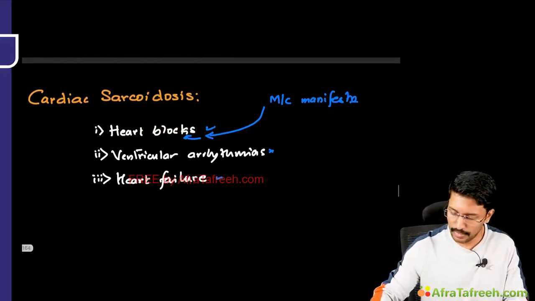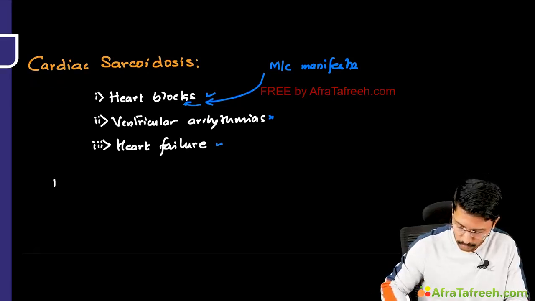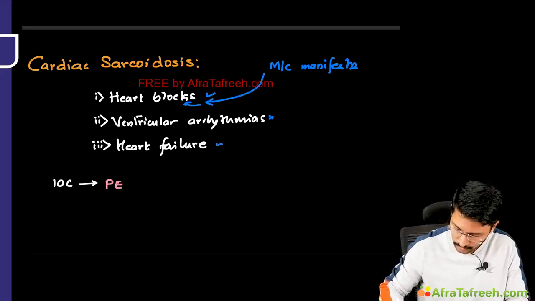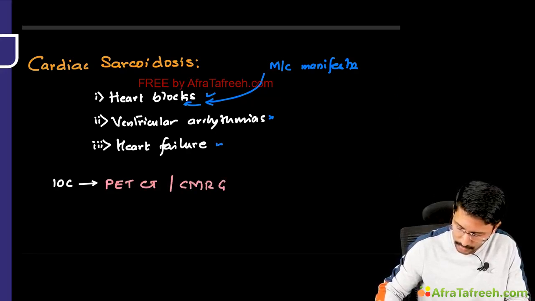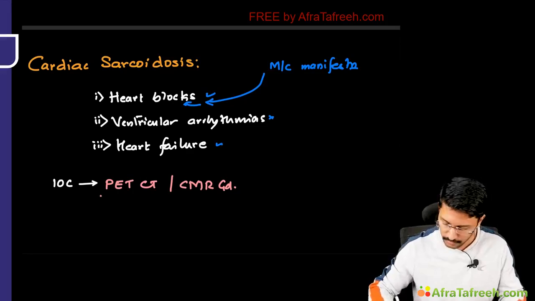Now there can be an MCQ asking what is the investigation of choice for cardiac sarcoidosis. The investigation of choice will be either a PET-CT, or you can do a cardiac MR with gadolinium enhancement. What would we see in these patients?